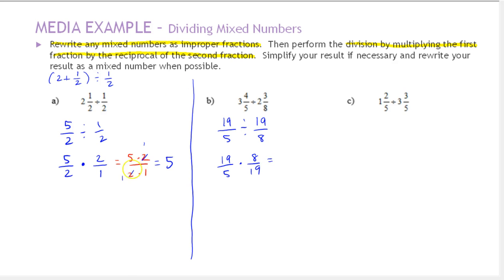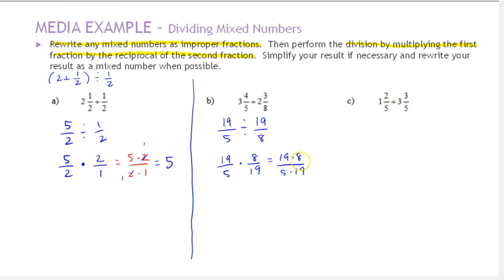Now we've been canceling after we multiply without actually doing the multiplication, but you could start to cancel them out here if you prefer, but I'm going to keep writing them as one fraction of a product over another.